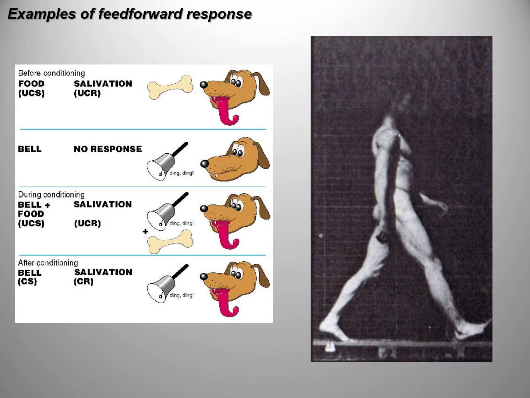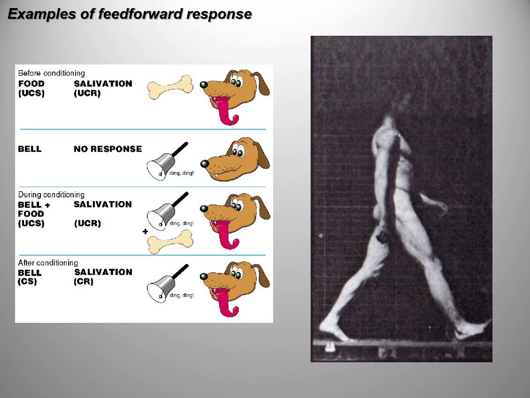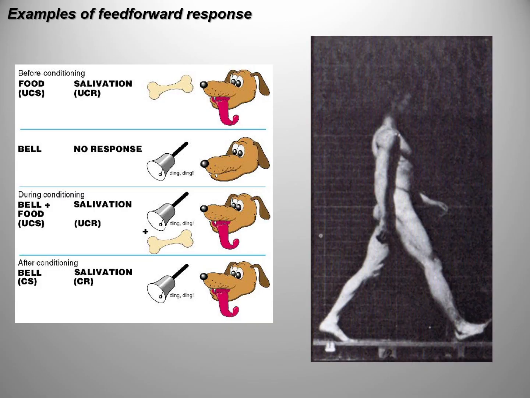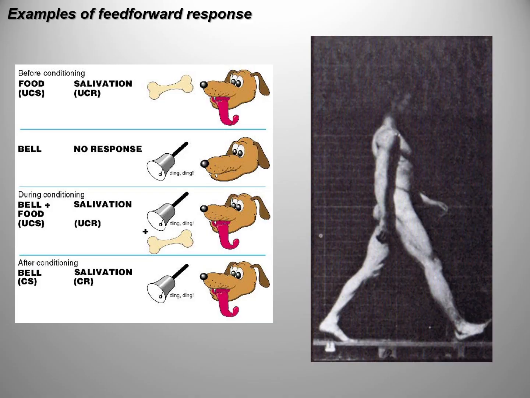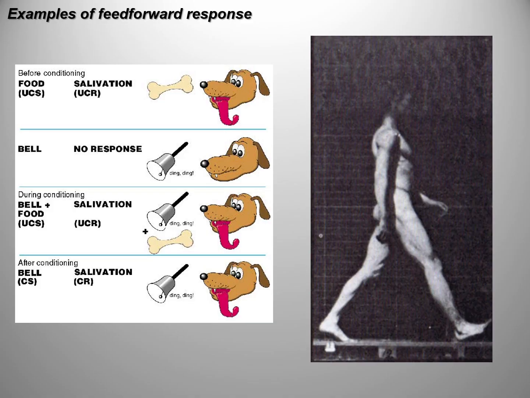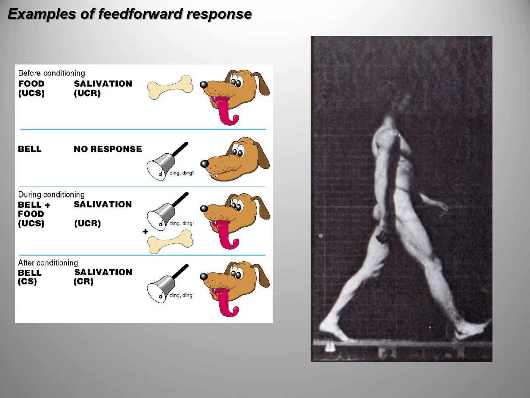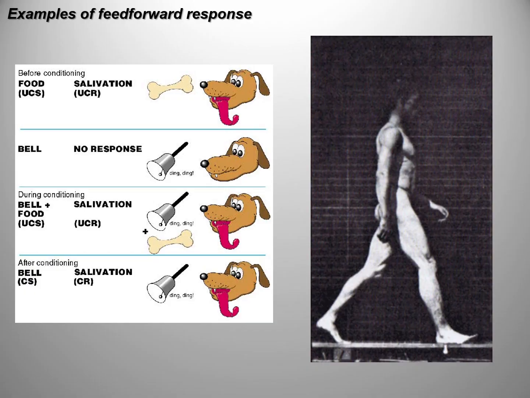So that swinging forward of the leg is in anticipation of the shift in the center of gravity. So this is walking, this coordinated muscular movement of the legs and in some cases the arms a little bit, is actually a type of feed forward, anticipating the body's shift in center of gravity before it actually occurs.